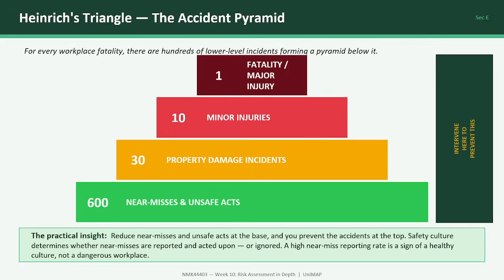Intervene at the base, address near misses and unsafe acts, and you prevent the minor injuries above. Address minor injuries systematically, and you prevent serious injuries. Address serious injuries and fatalities become statistically improbable. The goal is not zero accidents. The goal is a system where accidents are systematically driven towards zero by addressing the conditions that produce them.